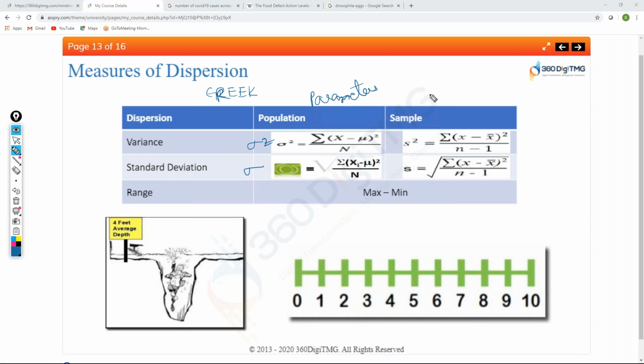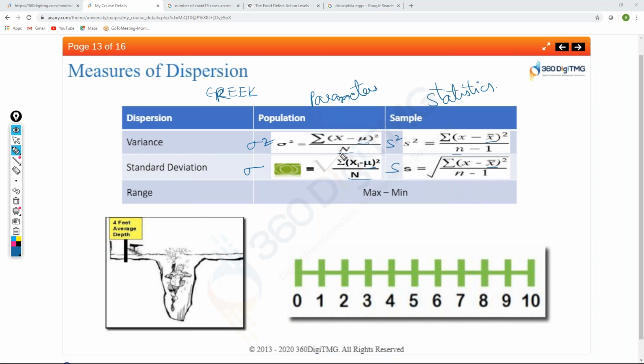When it comes to your sample, it's given S square and S notation. Of course, standard deviation is the square root of variance. Capital N is population, small n is sample. Mu is for population, X bar is for sample.